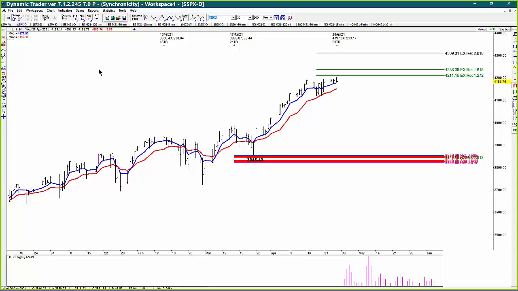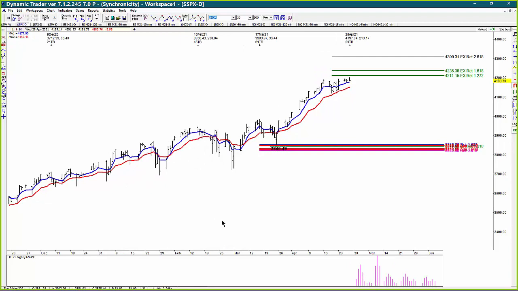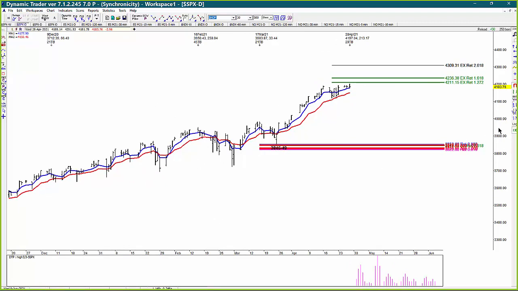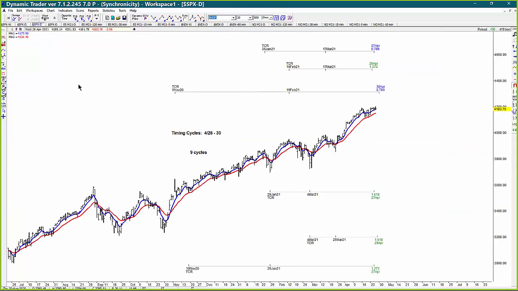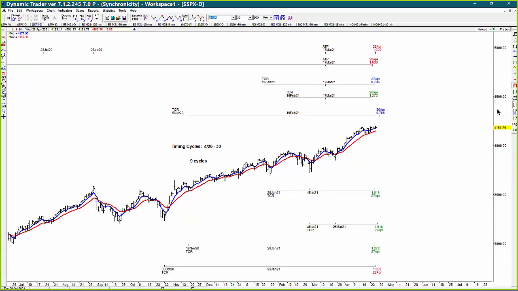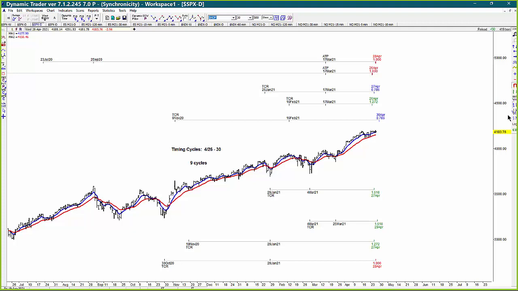Okay, so how do we read timing in the chart? Well, first of all, that 2-minute video is on YouTube on how to, or what to look at. The timing is really only relevant if we're going straight up or straight down into the timing cycles. If the market is sideways into the cycles, then there's no predictive value.